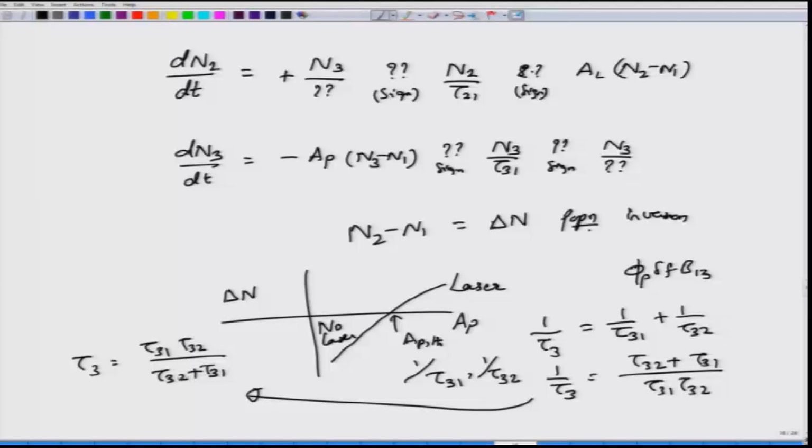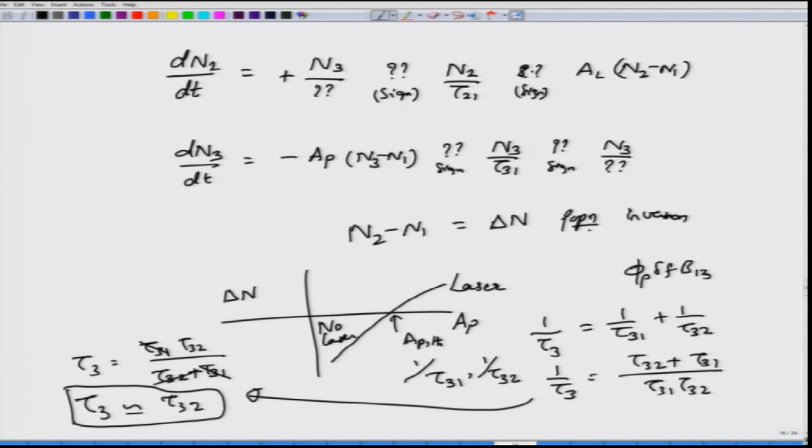So, because tau 3 1 is much larger than tau 3 2, the effective lifetime tau 3 can be approximated as tau 3 2 itself, because tau 3 1 is larger in the denominator compared to tau 3 2. So, this will go away and then tau 3 1 cancels out and then you get tau 3 effectively as tau 3 2, and this is desirable.